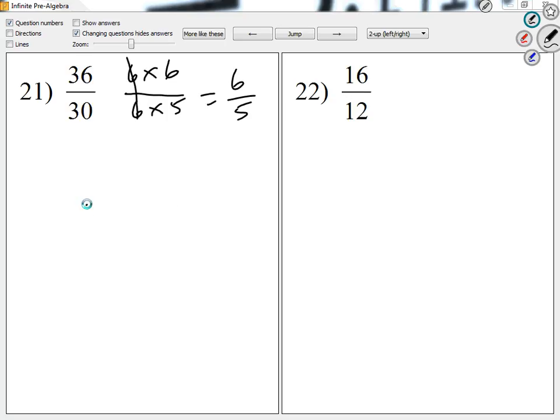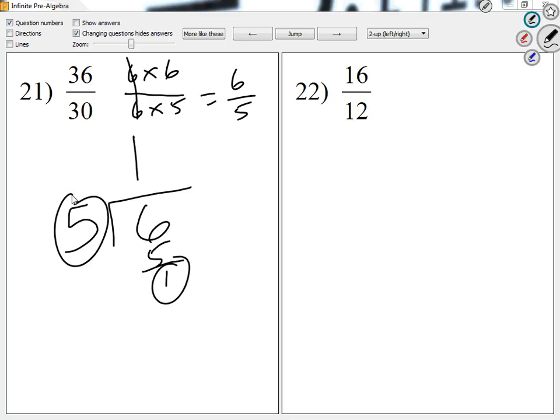So I'm going to go 5, it's going to go into 6. The bigger number, I'm going to put it inside. I'm going to do a division. How many times does 5 go into 6? 1 time. I know 1 times 5 is 5. What's my remainder? 1. So with the remainder and the initial 5, I'm going to make a fraction, 1 over 5, next to the big number.